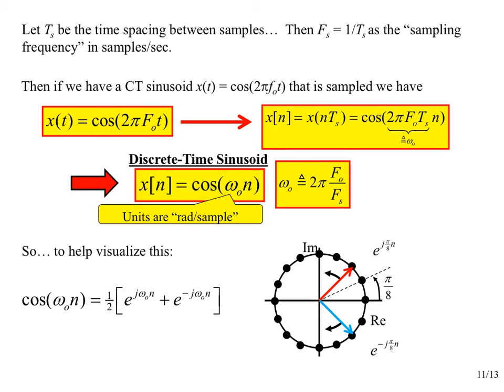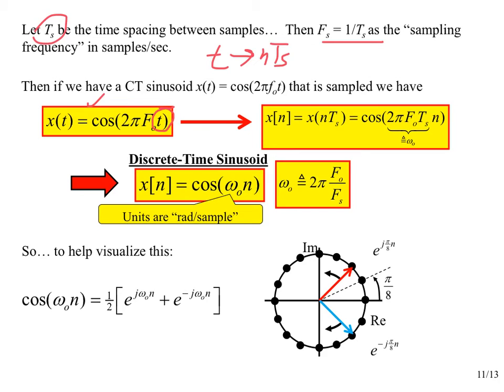To see how this can physically happen, let's suppose we're taking our samples every Ts seconds, so our sampling rate would be 1 over Ts, which we'll also call our sampling frequency, and the units of that are samples per second. If we start with this as our continuous time sinusoid and we're taking samples every capital Ts seconds, that just means little t gets replaced by an integer n times Ts.